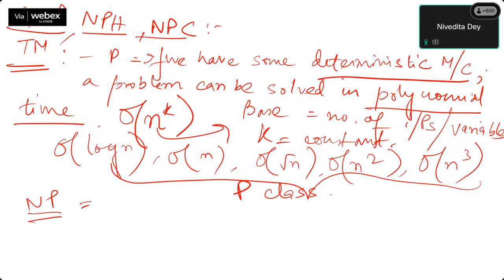Now, second, what is NP? Now consider, say we have some kind of DNA mapping machine or a quantum machine with us. We already have that. And there is a problem that we want to actually solve using that machine. Now, as I told you, a quantum machine is by default a non-deterministic machine.